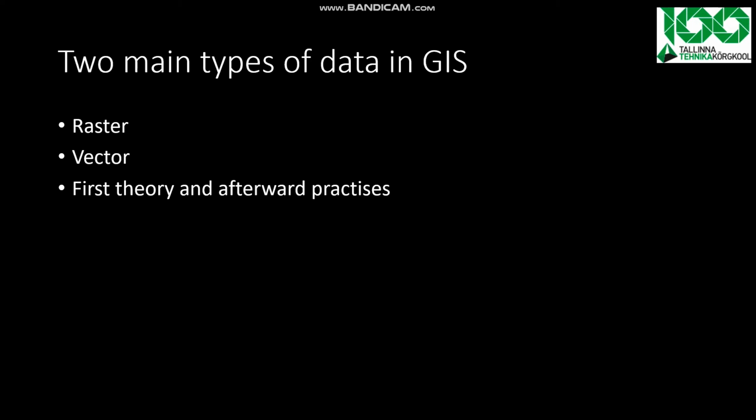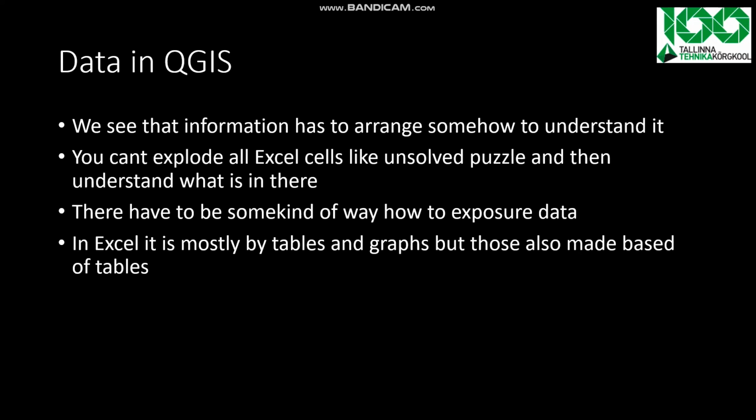So, two main types of data in QGIS. When you think about GIS data, you can think a little bit about Excel. You have a table with rows and columns, and when this table is in one piece, it gives us some kind of information when we watch all the columns and the values inside the cells.